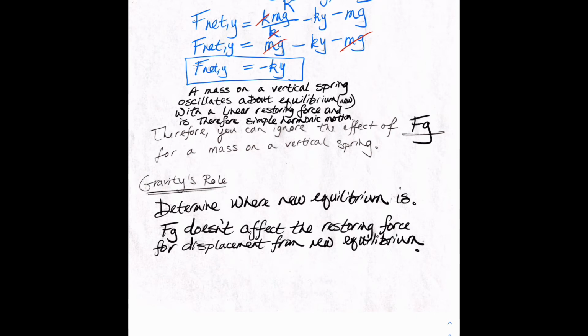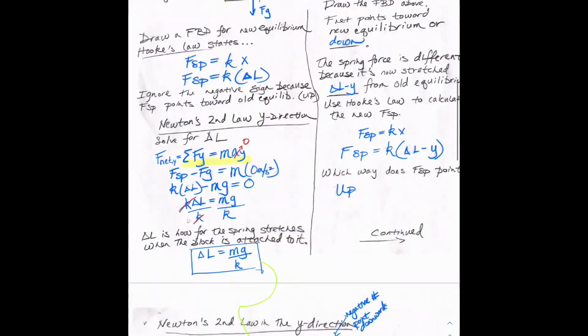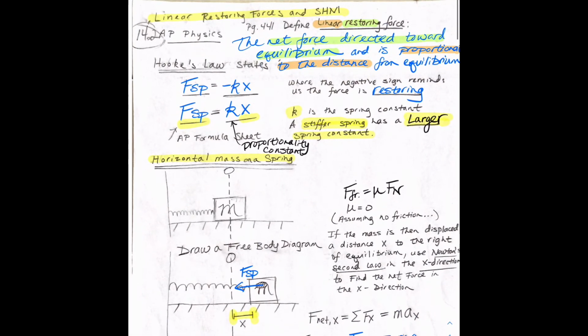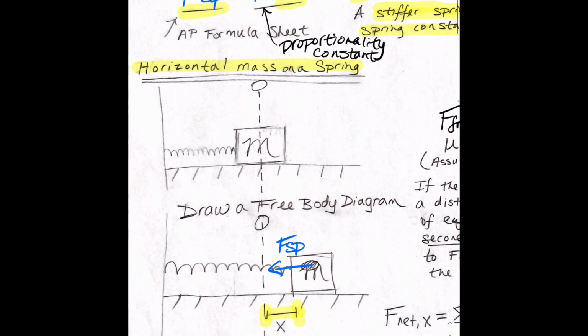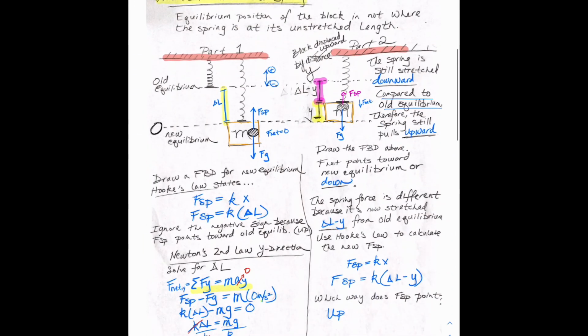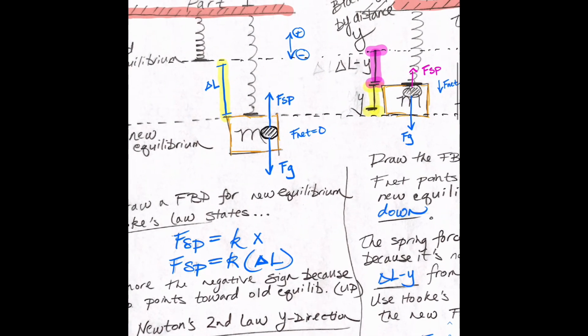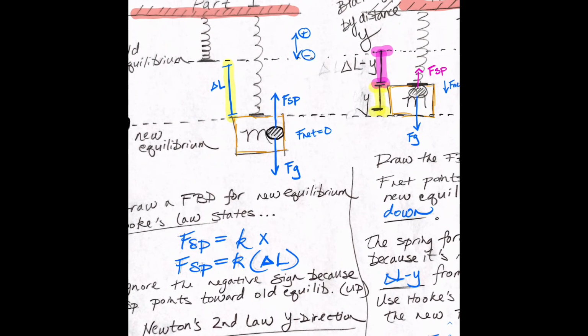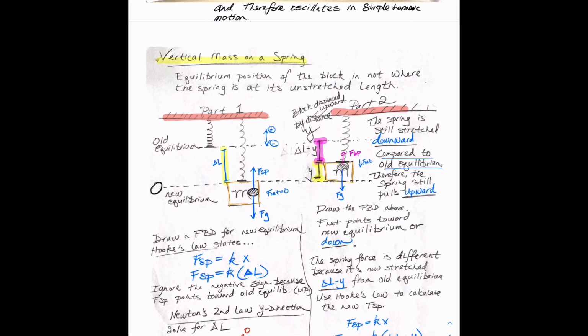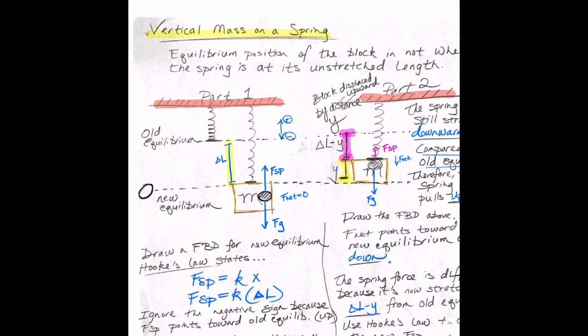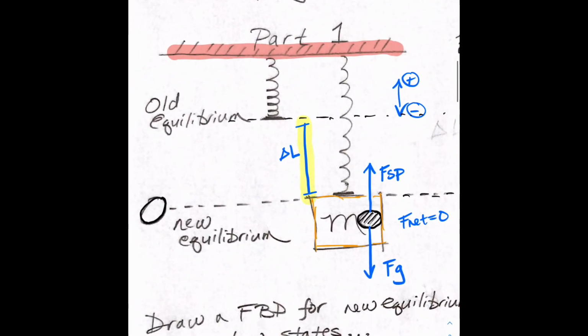It's just like force of gravity didn't affect this mass on a horizontal spring, right, that we looked at right here. Force of gravity also does not affect the mass on a vertical spring, although it's much harder to see why. Obviously, we did that giant derivation. But gravity's role is just to find the new equilibrium, right?